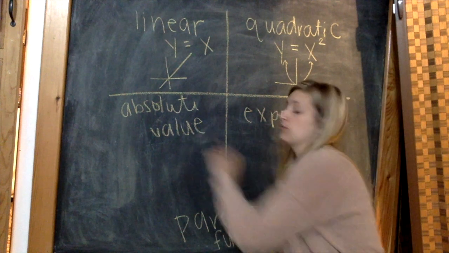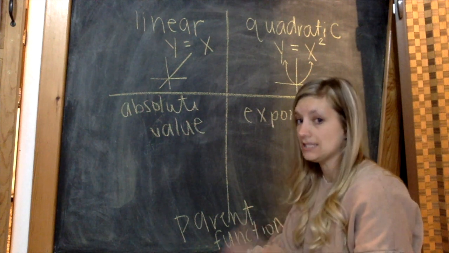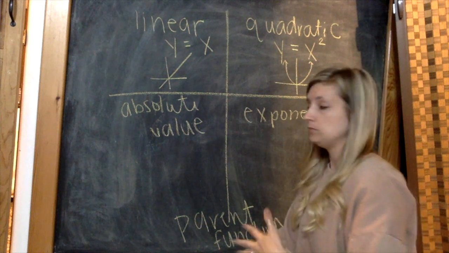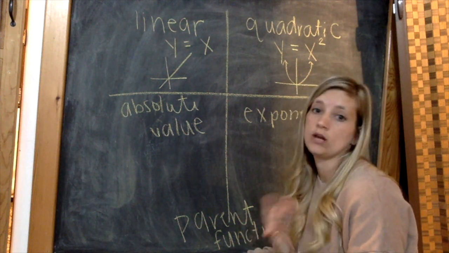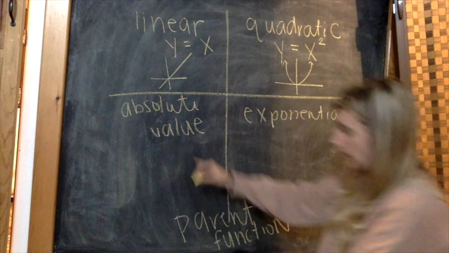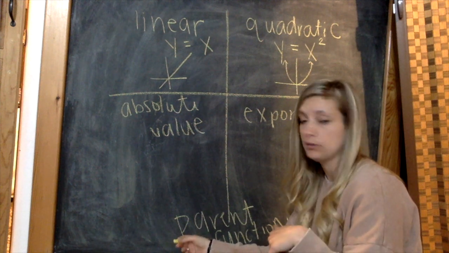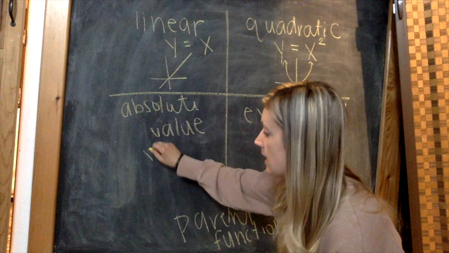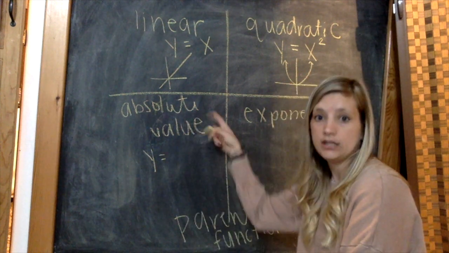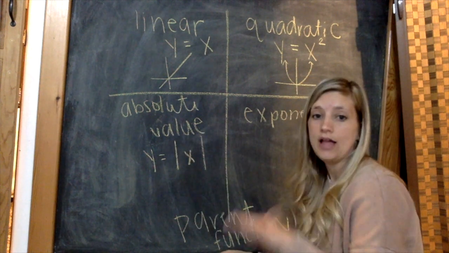Third one, absolute value. Remember, you can never have negative distance. You can move backwards, you can move left, you can move right, you can move forward, but you cannot say go run a negative 1/10 of a mile. You can't do it. So if it's never going to be negative, that means it's always going to pop back up. And so we have y equals, the absolute value has to be in there somewhere, so the bars, and again, it is just your simple x.